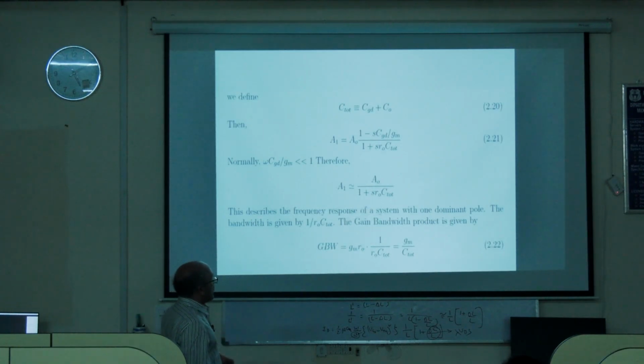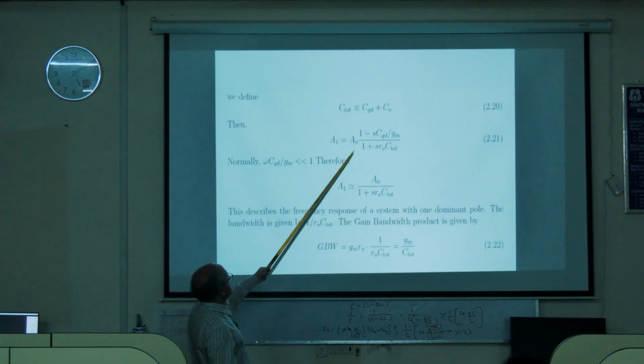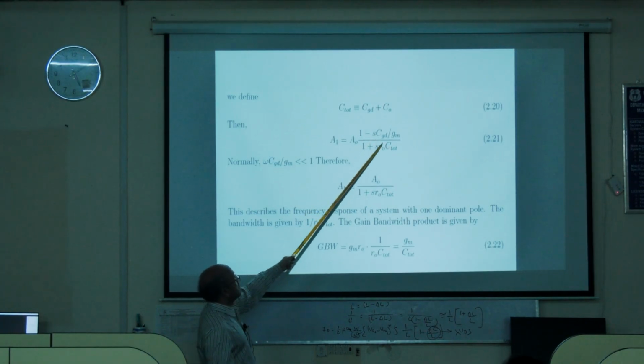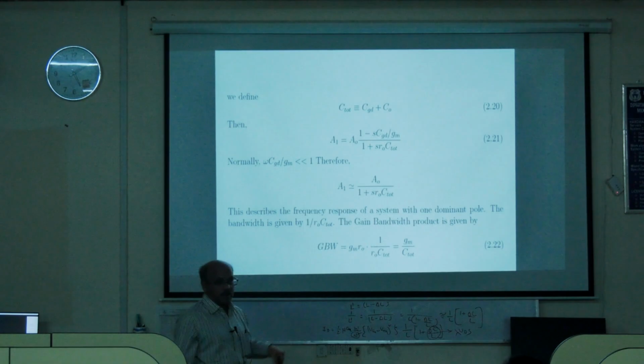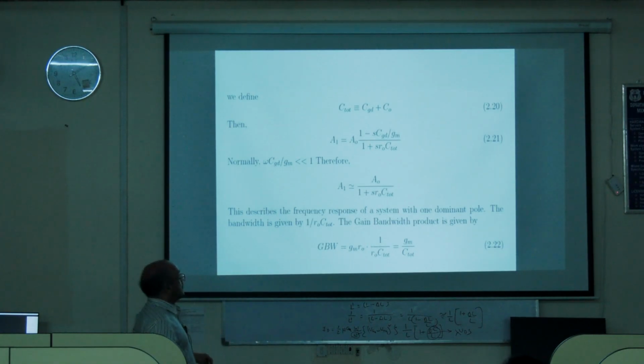Okay. Now what I would like to do is make an assumption that omega CGD by GM is far less than 1, right? I am not doing any violation here. What I am trying to do is consider frequencies for which omega CGD by GM is far less than 1.